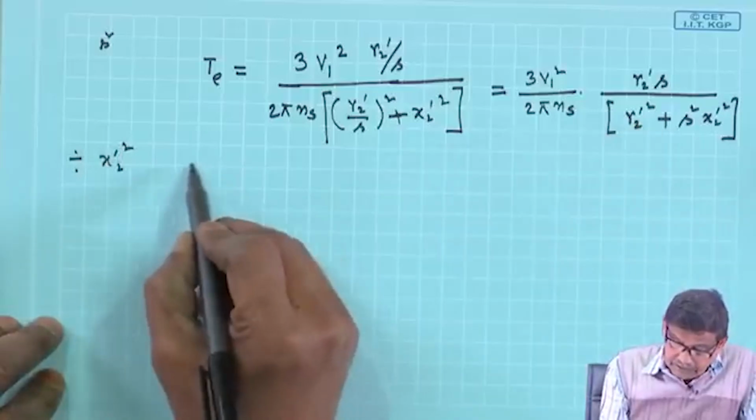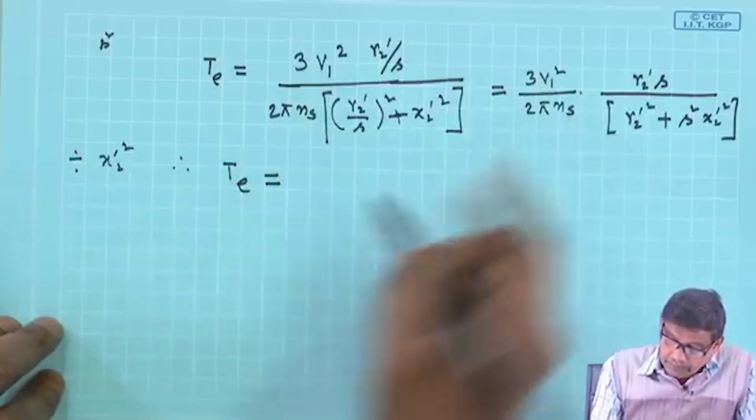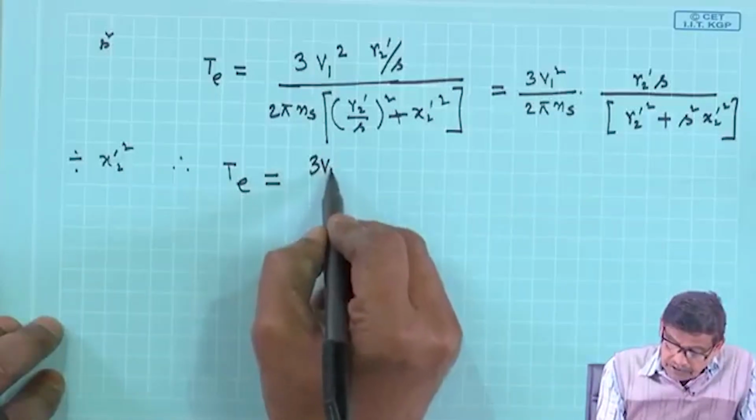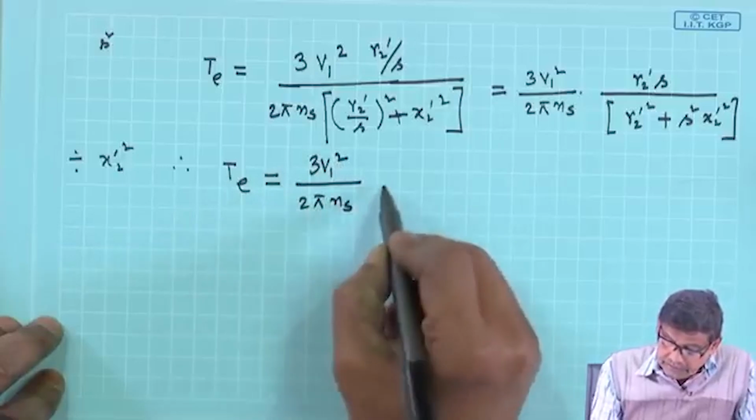Then you divide both numerator and denominator by x 2 dashed squared. Therefore, T E, the electromagnetic torque developed by the machine, will be 3 V 1 squared by 2 pi n s.